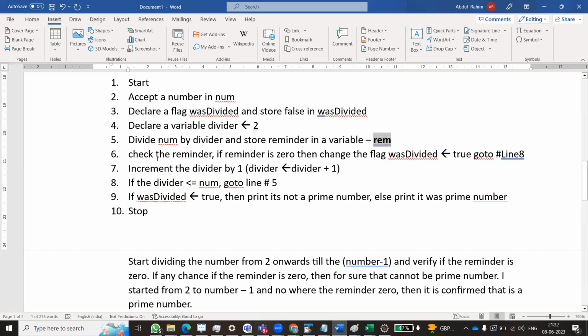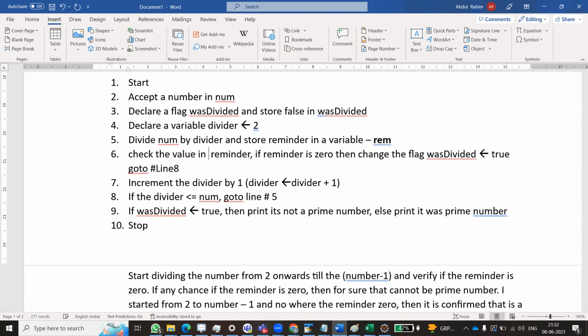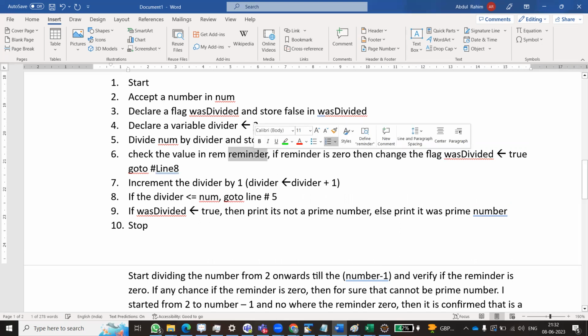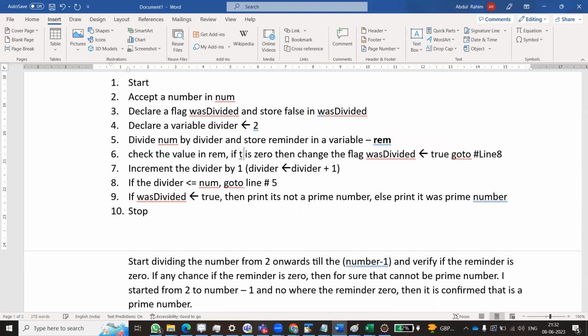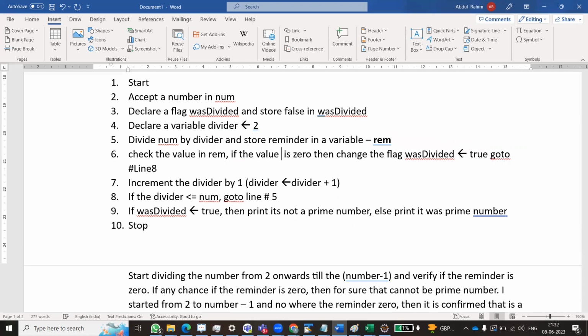Now check the value in REM. If the value in REM is 0, then change the flag was divided to true and go to line number 9, because we have introduced a new line, right? Like this.